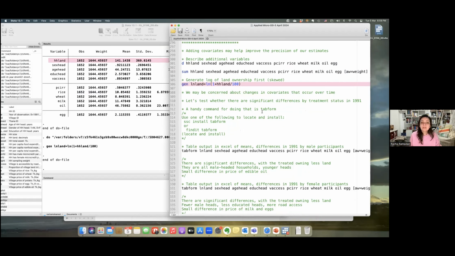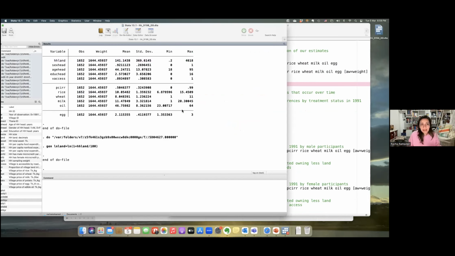Okay, so now I want to control for the variables X. Why do I want to control for these covariates? Because I know that they are affecting my outcome and they can affect my selection into the program, right? However, these variables, I mean the area of land, the sex of the head, can change. If in 92 I had my husband and he was the head of the household, but in 98 my husband died and I became the head of the household, then my household was male-headed and then became female-headed.